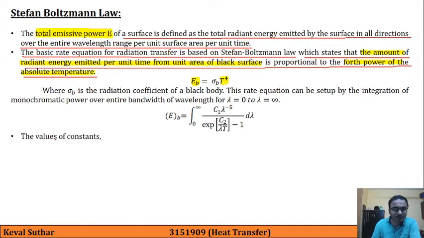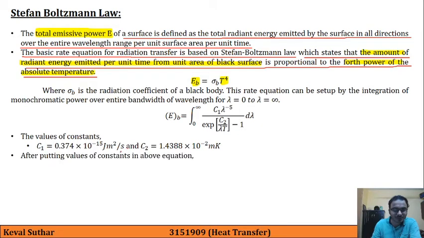Here the values of constants C1 and C2 are already known to us, and putting these values in the above equation, we will get the final equation, that is the value of EB is given by 5.67 into 10 raised to minus 8 into T raised to 4.